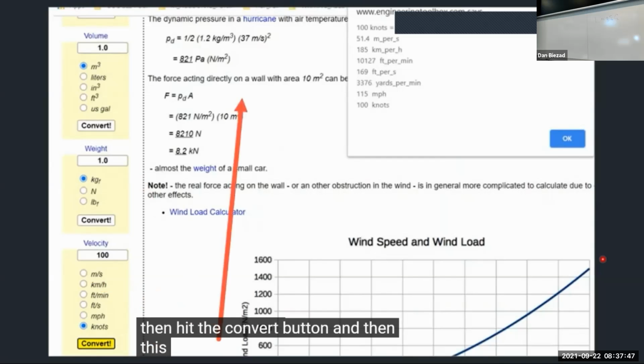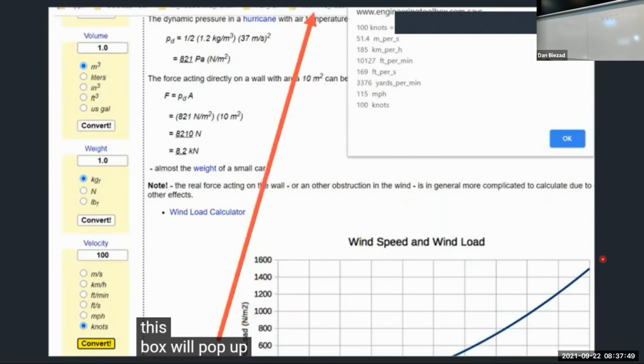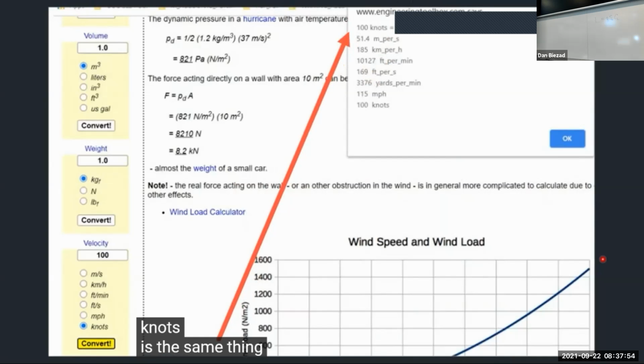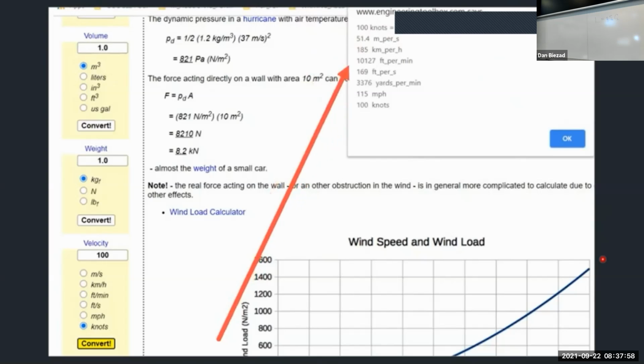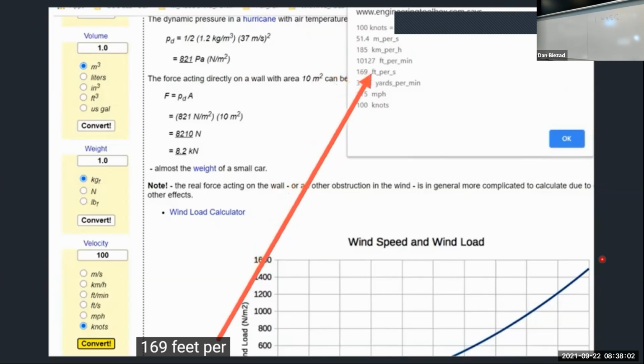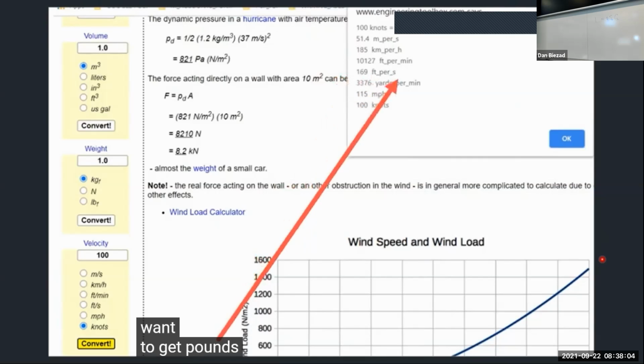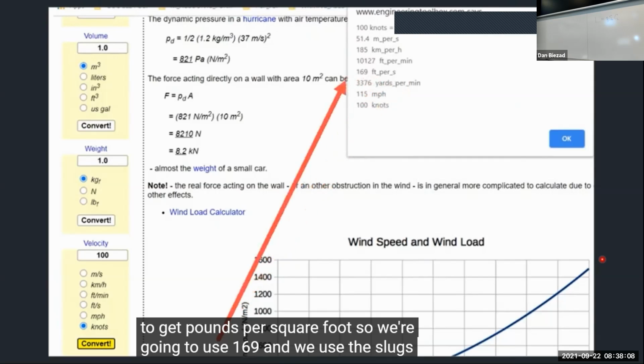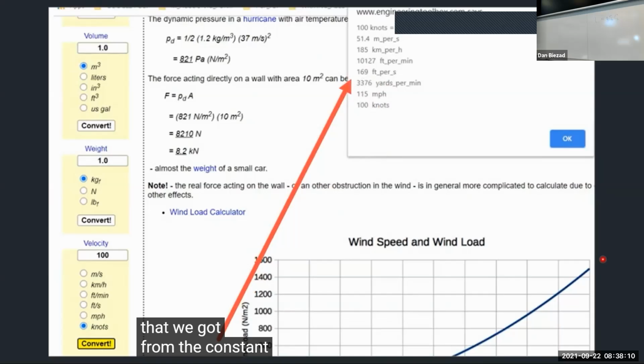Then this box will pop up, and we see that 100 knots is the same thing as 169 feet per second. That's the units we want to get pounds per square foot. So we're going to use 169, and we'll use the slugs that we got from the constant book.